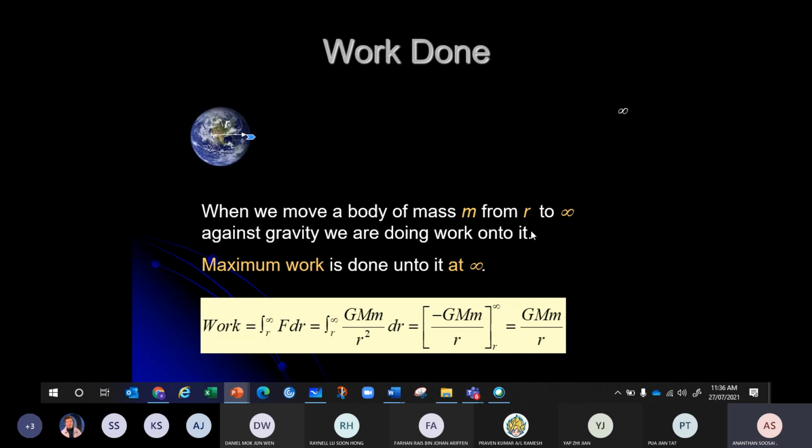So we're going to get what is meant by original. What is the original gravitational potential energy definition? Okay, to understand that, you need to understand this slide. Work done.